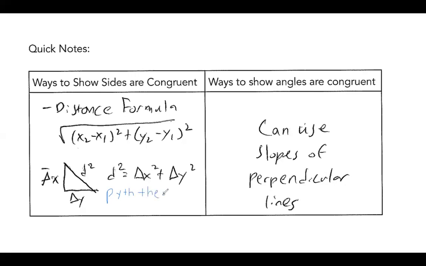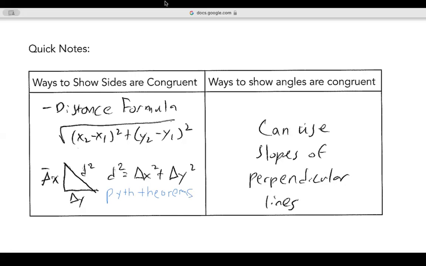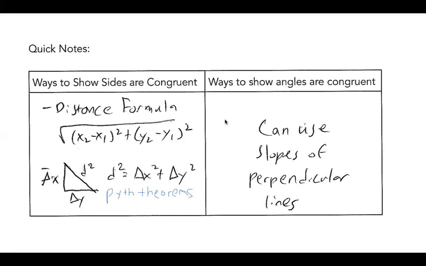Now, if you're having a question about showing angles congruent, the angles that we can show congruent are only the right angles. But if you have perpendicular lines, you'll be able to show it.